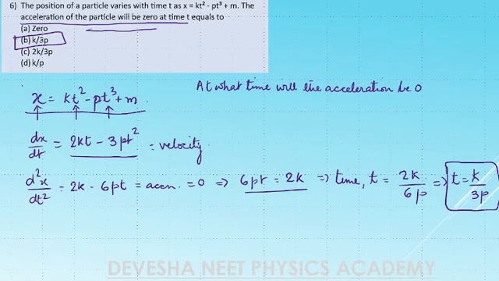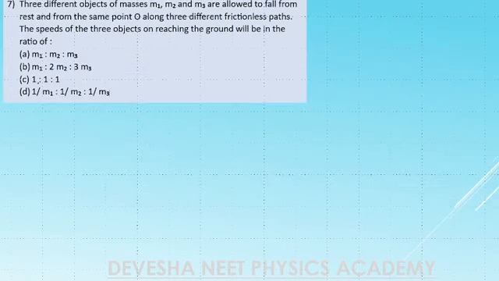Okay, now let's go to the next problem. In the next problem, it is said that three bodies were allowed to fall from rest, and they follow three different frictionless paths.